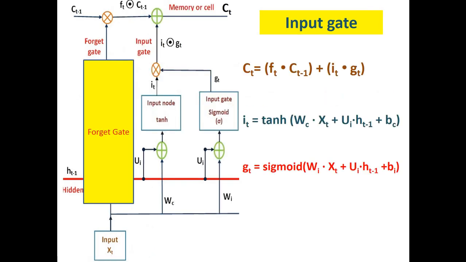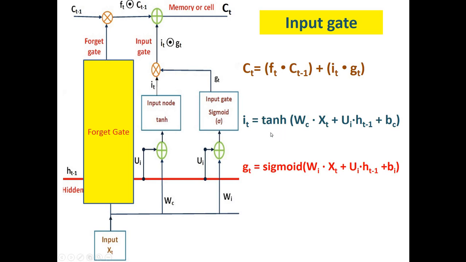Now in the input gate, again HT minus 1 comes from the hidden layer, the input comes in, and the forget gate is done now. It comes to the input gate. Here tanh is the function used instead of sigmoid because it varies from -1 to +1, whereas sigmoid goes from 0 to 1.